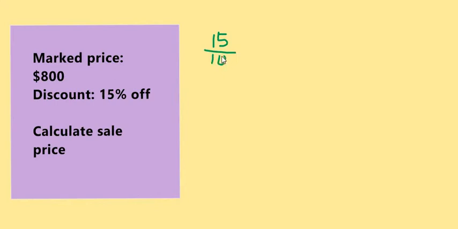So 15% of 800. Now, if you have not watched that video on how to work with percentages or how to find percentages of quantities, I would advise that you watch it now. I will also link that video above. So you click that link to watch the video before proceeding with this. All right, I won't go into much detail.